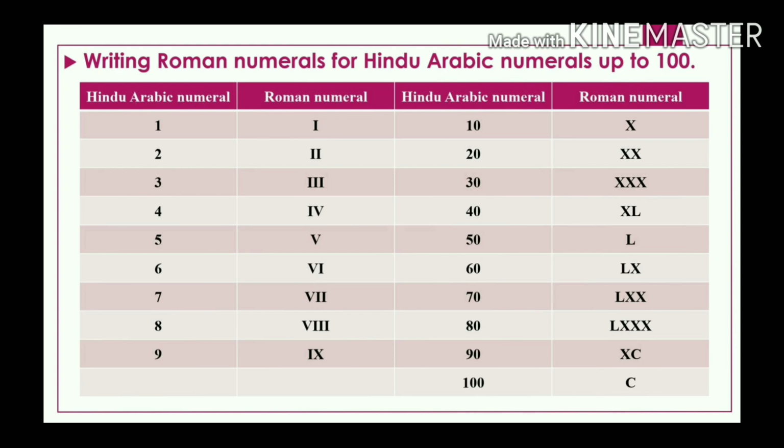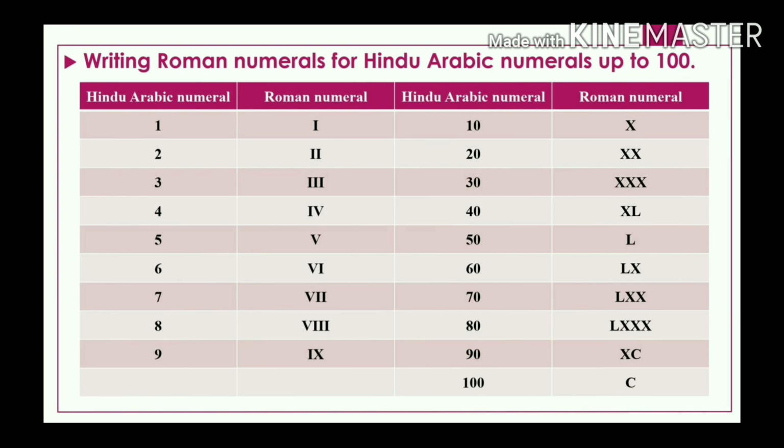And here I would like to tell you one more thing. If you have to write the Roman numeral for 11, you can write XI, which means 10 plus 1, which is equal to 11. And for 12, you can write XII, which is equal to 10 plus 2.